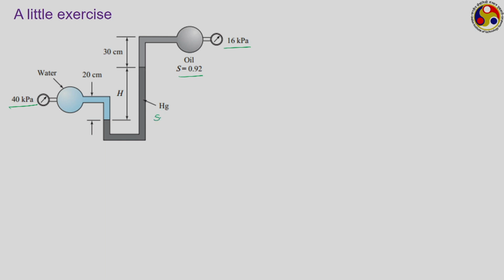Let us say the specific gravity of mercury is 13.6, and we are also going to use g, the gravitational acceleration, as 9.81 meter per second square, and the density of water as 1000 kg per meter cube in all these problems, thereby giving a gamma water value of 9810.